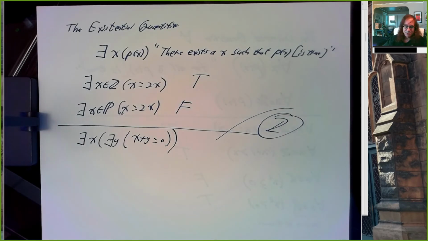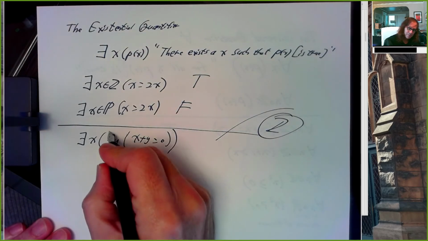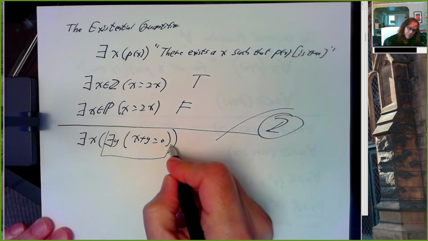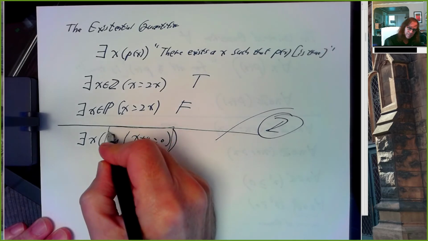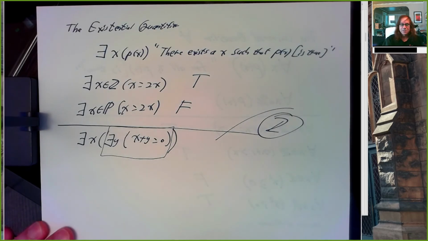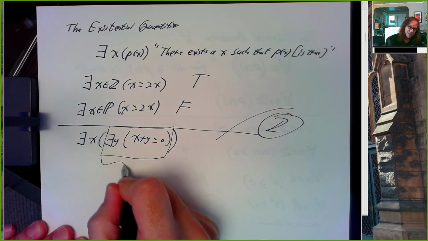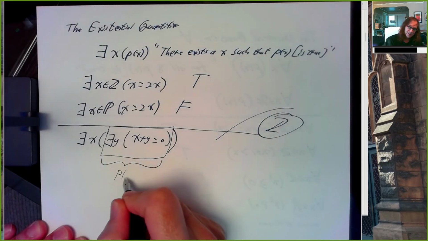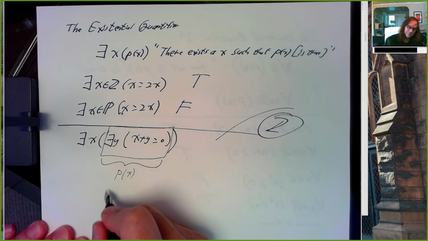Well, what does that mean? Break it up into pieces. This piece right here says there exists a y such that x plus y is equal to 0. Well, we don't know what x is, right? But I'm going to write this as a proposition p of x.